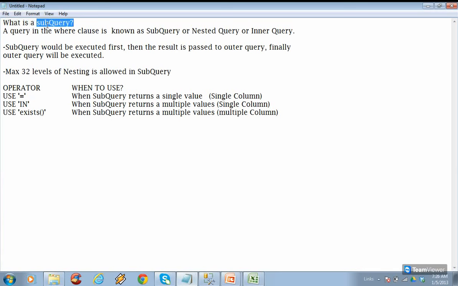So let us understand. So a correlated subquery. Here what happens? In a normal subquery, the inner query or the subquery is executed first, but here the first thing is the outer query.